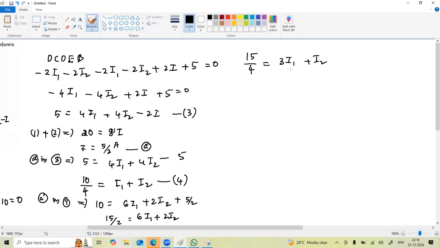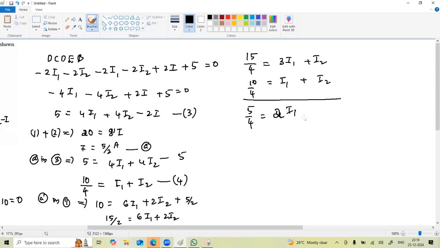Now we have two equations in I1 and I2. The equation is I1 plus I2 equal to 10 by 4. So if you subtract these two equations, 15 minus 10, 5. 5 by 4 is equal to 2I1.